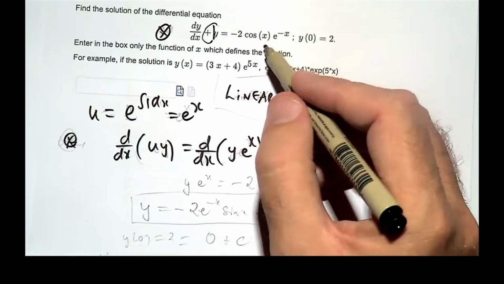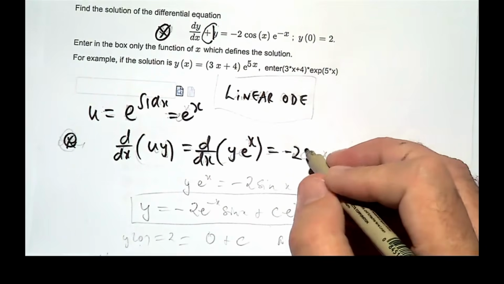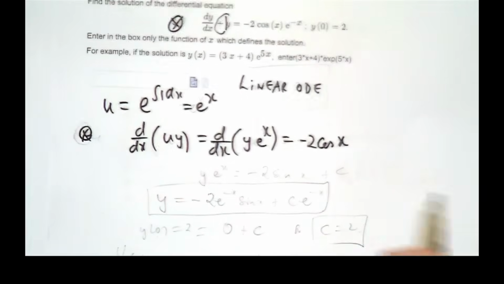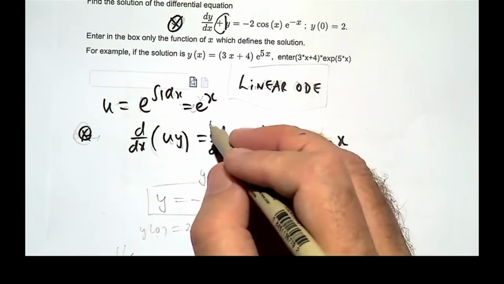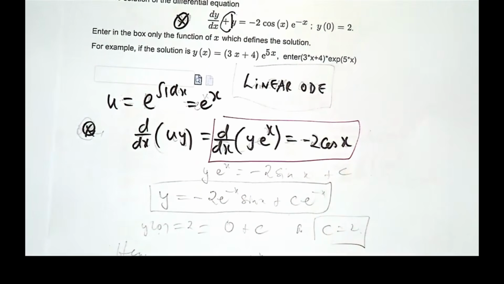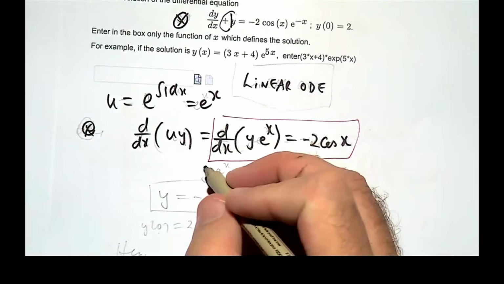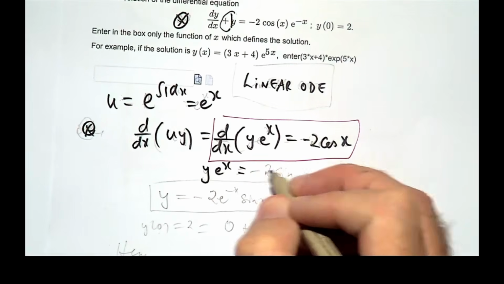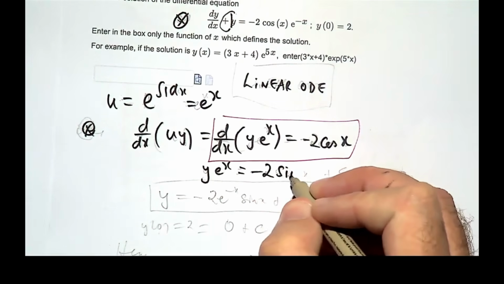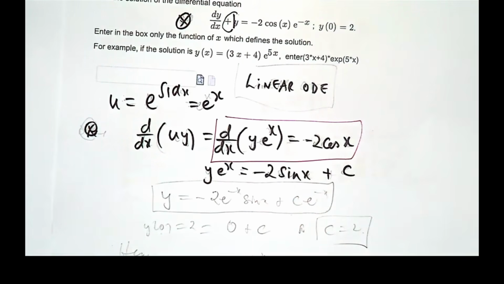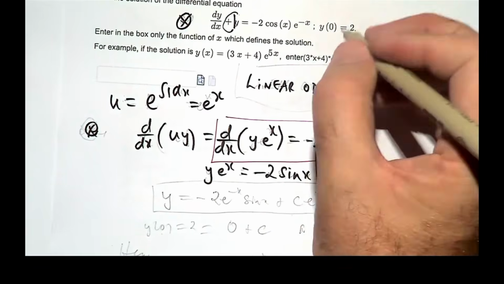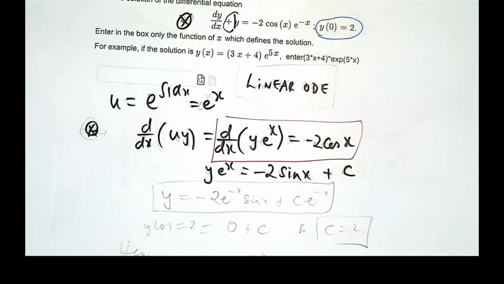When you multiply over here, the e to the negative x disappears, and we actually have the same thing. So from this side, we want to integrate both sides with respect to x. And the last thing we want to do is use the initial condition to get the c.